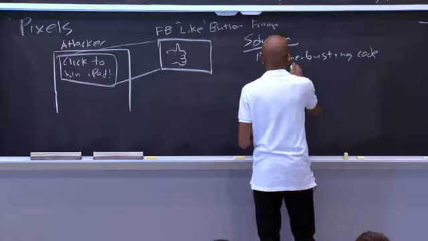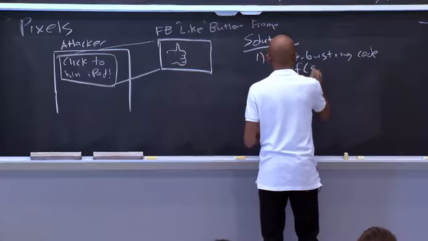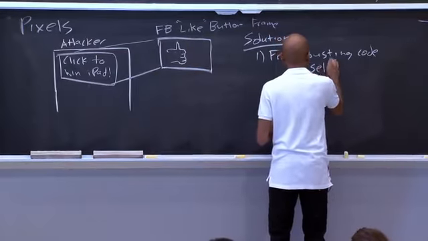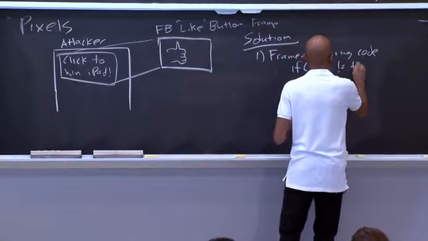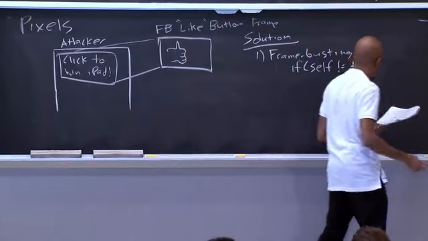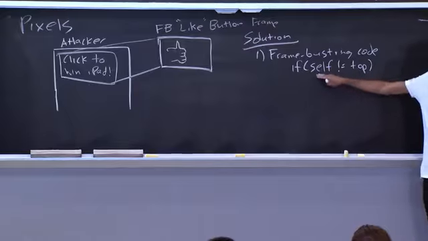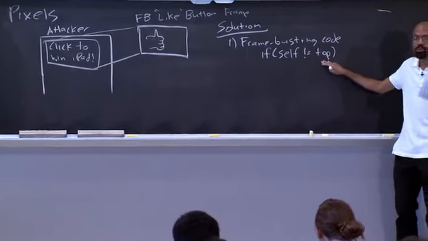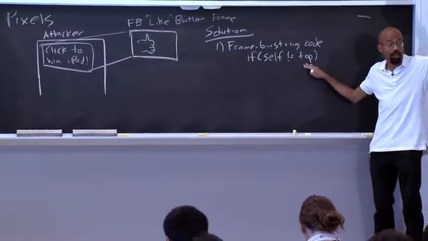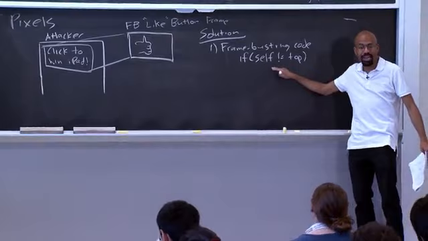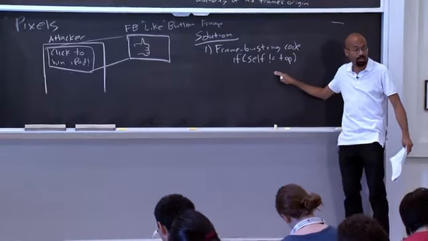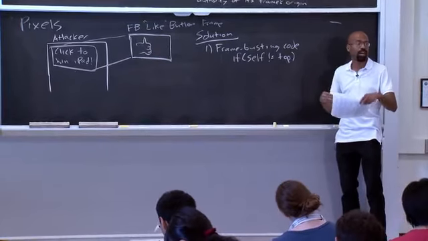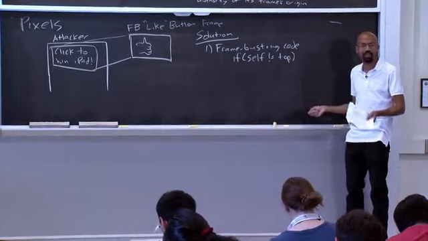One of these tests is you compare the reference self to top. So in the JavaScript world, self refers to the frame that you yourself are in. Top refers to the frame at the top of the frame hierarchy, right? So if you do this test and you find out that self is not equal to top, then you realize that you are a child frame, and then you can refuse to load or do things like this.